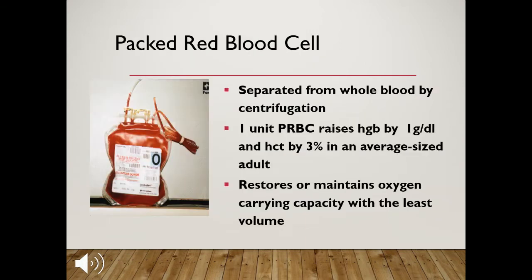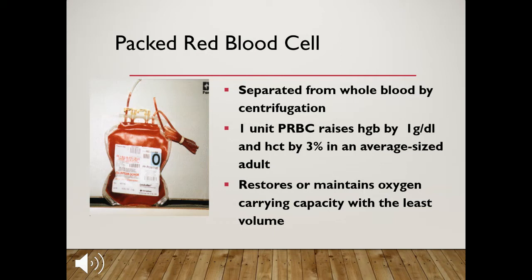Let's go to the specific blood components. First, we have PAC red cells or PAC-RBC. It is separated from whole blood by centrifugation, and 1 unit of PAC-RBC raises the hemoglobin by 1 gram per deciliter or 10 grams per liter, and the hematocrit by 3% in an average size adult.